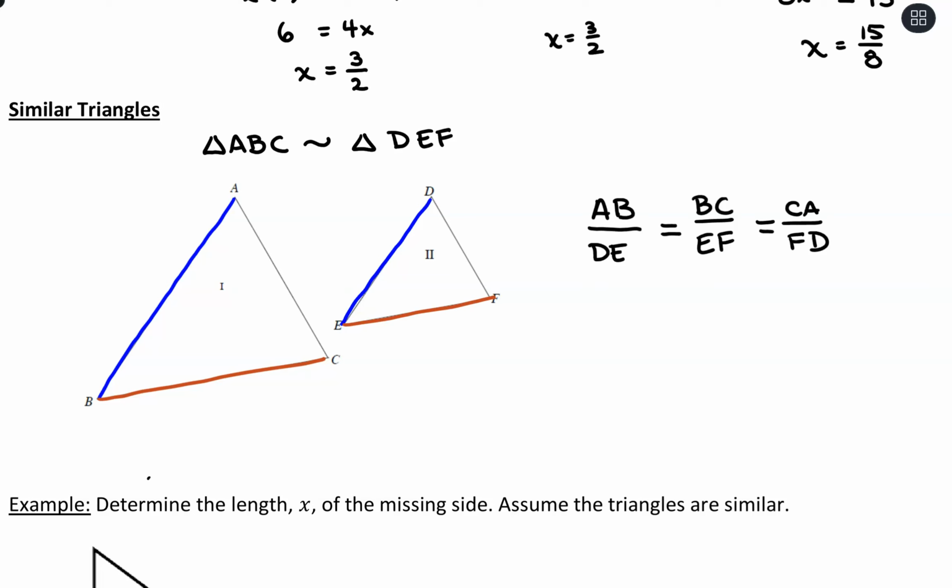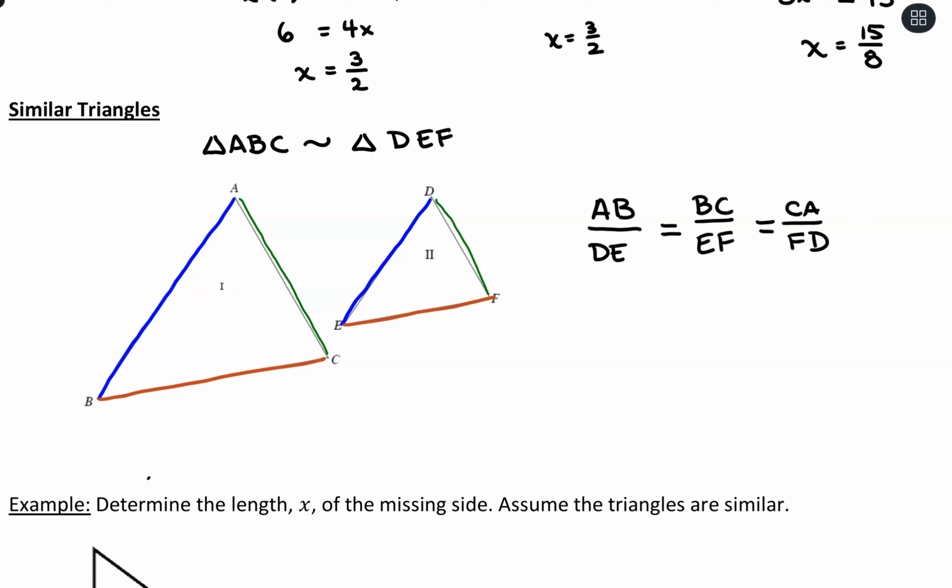And then we could even use the other side length because that'll have a common ratio. So the idea is how we went from triangle ABC to scale it down to DEF is going to be consistent across all of the side lengths. We just have to be careful that we get the pairings correct.